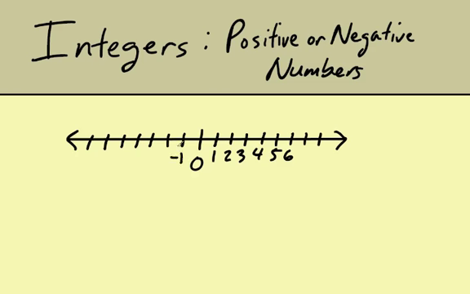They actually get bigger in a negative way. And I think I made this a little too close, so I'm going to have to squeeze the numbers a little bit. So we have -1, -2, -3, -4, and on and on. So the more we go in this direction, the more negative they get.